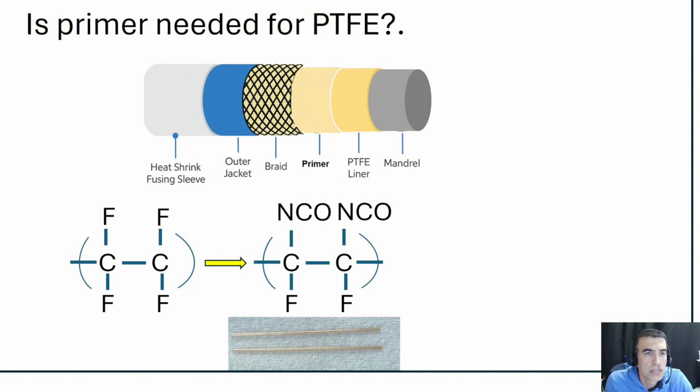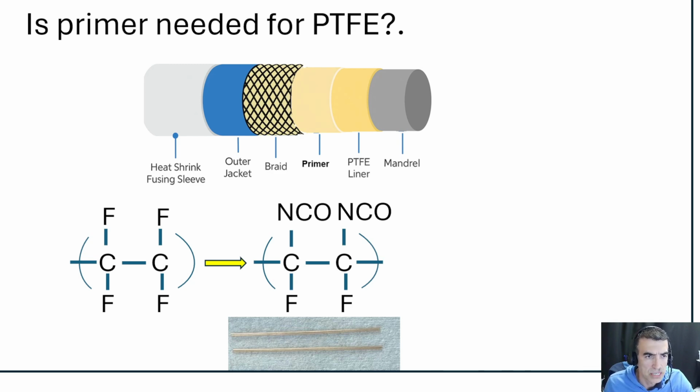We have explained this before, but just as a reminder, PTFE has 4 fluorine groups on the surface that make it very, very neutral and hydrophobic, and it would be very difficult to bond with the other material. So what you do is you etch the surface, and with etching, basically you knock off 2 fluorine groups from the surface.